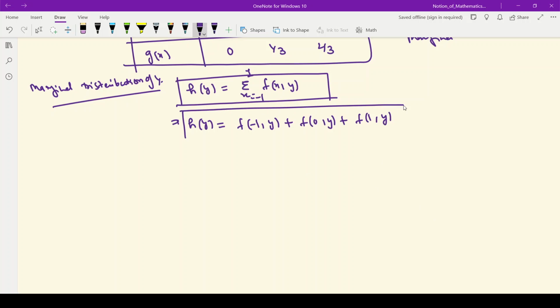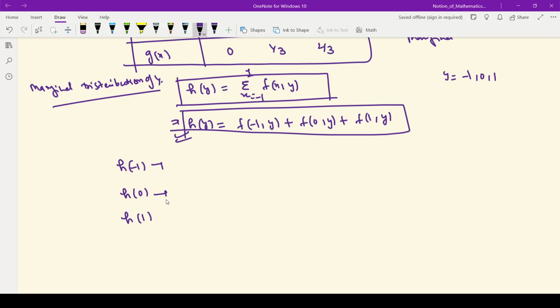Now in this one, we will be utilizing the values of y. So y is also having 3 values, minus 1, 0 and 1. In this formula we will utilize that: h(-1), then h(0), then h(1). So we will be getting f(-1,-1) plus f(0,-1) plus f(1,-1).